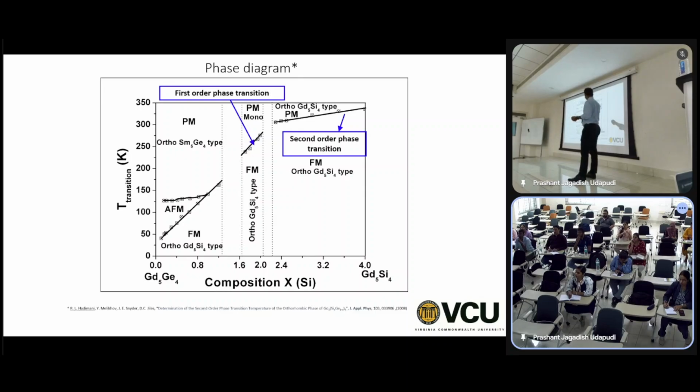So we thought we'll do completely gadolinium silicide, which has a transition temperature of about 340. So we'll only do gadolinium silicide so that it's completely magnetic at room temperature. It's also a completely binary phase, which means it's easy to work with.